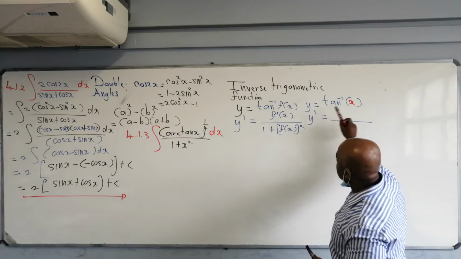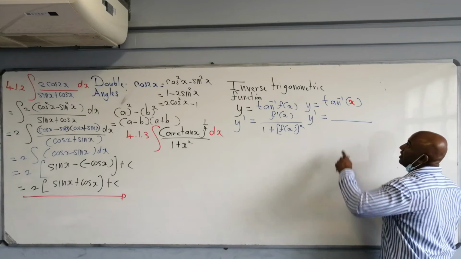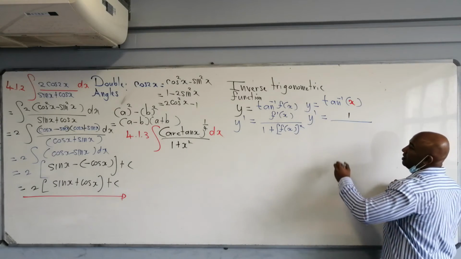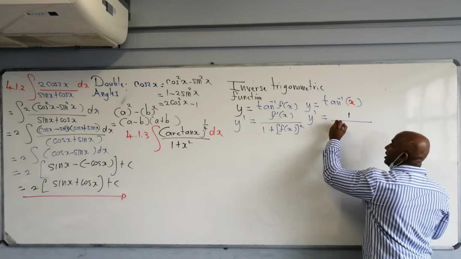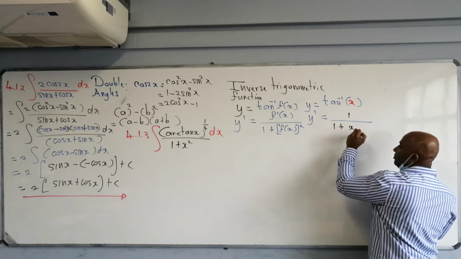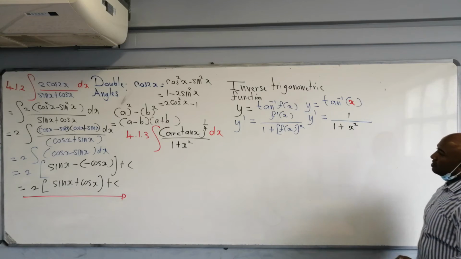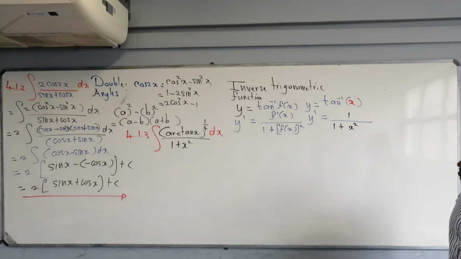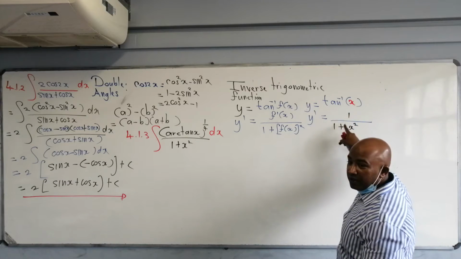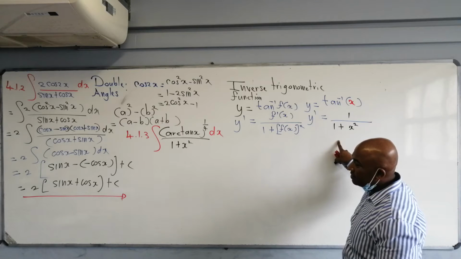So if f of x is x, f prime x means differentiate x and write down the answer, which is 1, all divided by 1 plus f of x, which is x, squared. Okay, so the derivative of inverse tan x is 1 over 1 plus x squared.